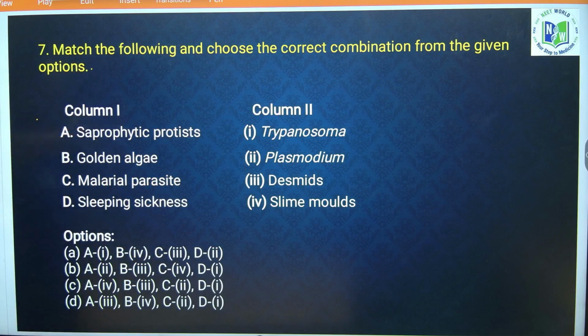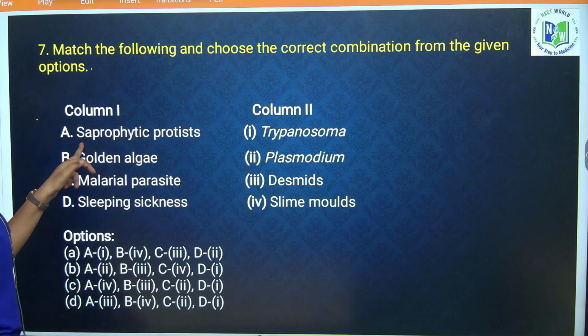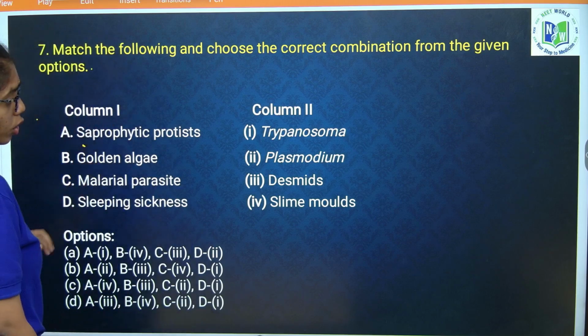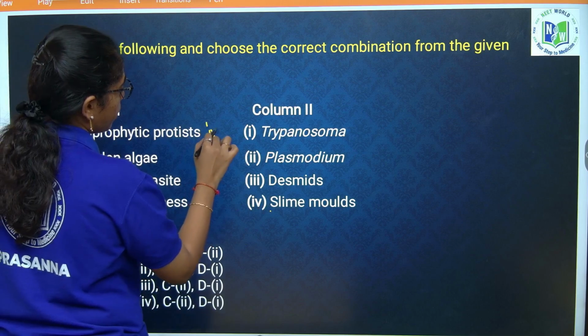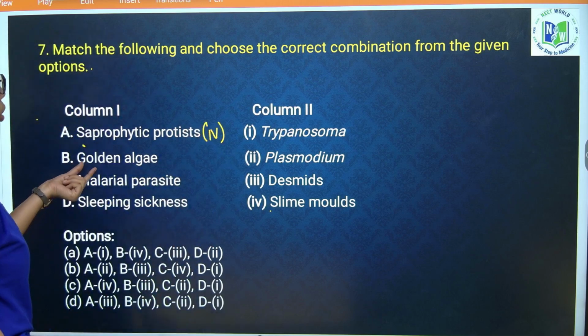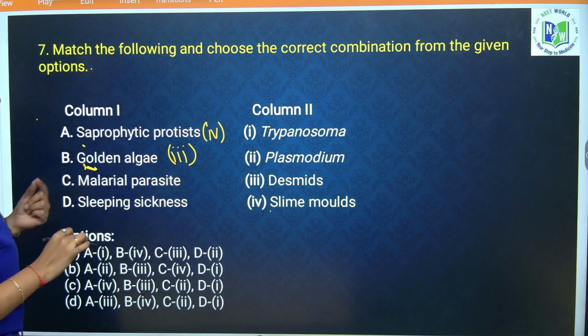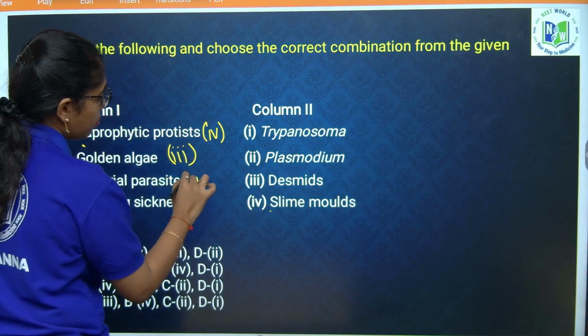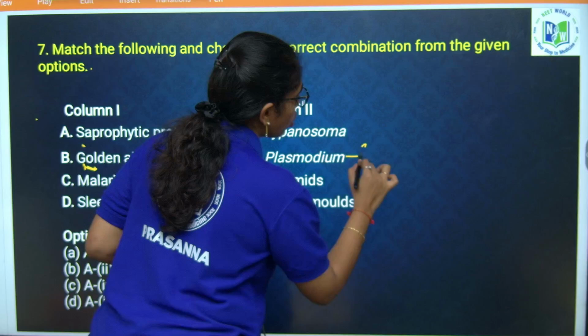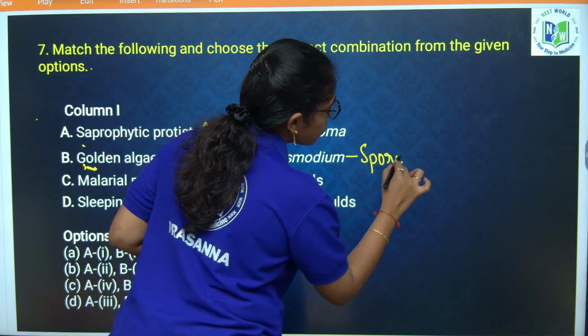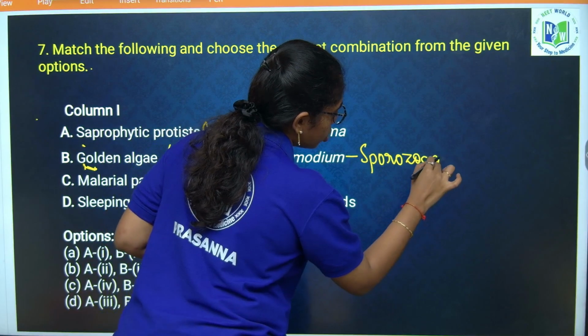Match the following and choose the correct combination from the given options. Saprophytic protists include slime molds. Golden algae, desmids, belong to chrysophytes. Malarial parasite, Plasmodium, comes under sporozoans of protozoa.